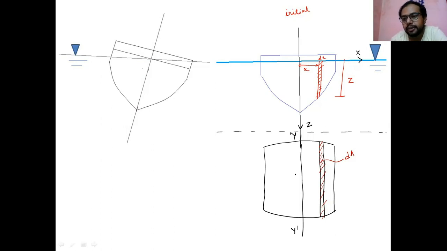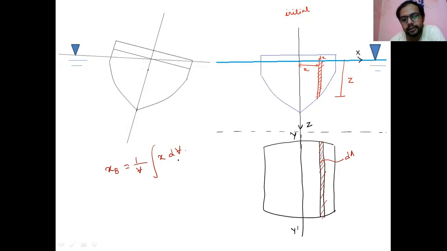Now, where is the location of the center of buoyancy? We have to search for it. In this condition, the location of the center of buoyancy is equal to 1 by V, and if you remember, we have to do it this way: x into dV.